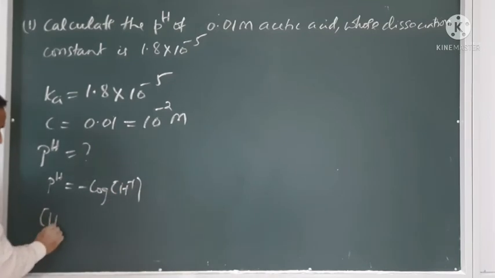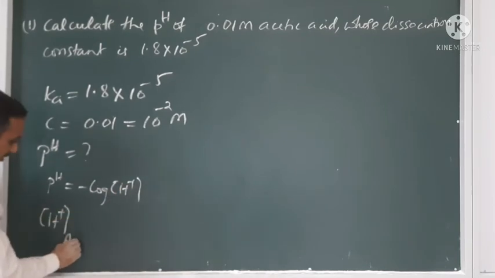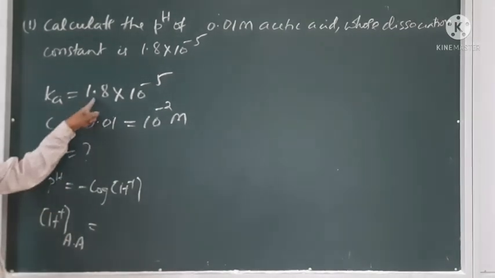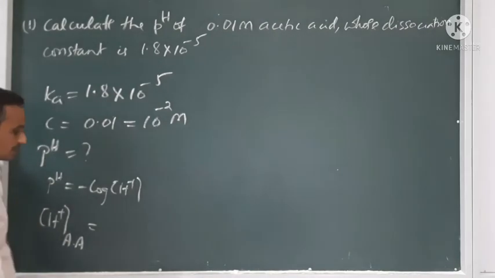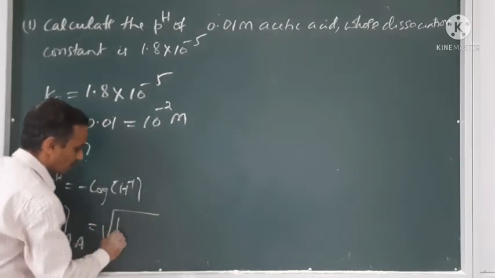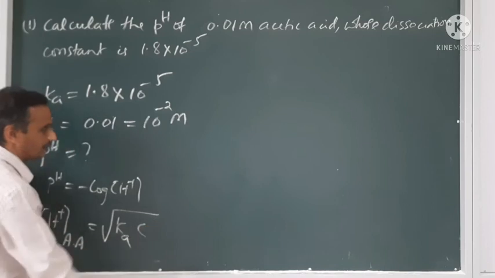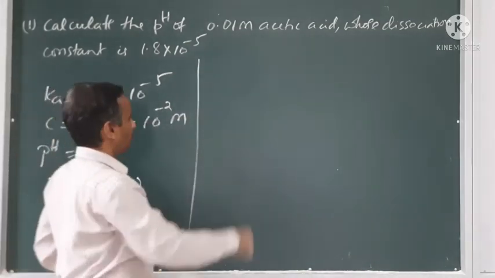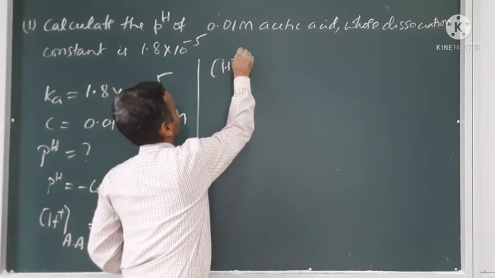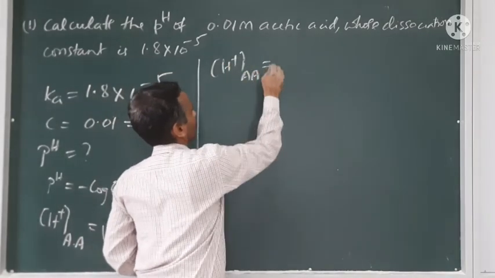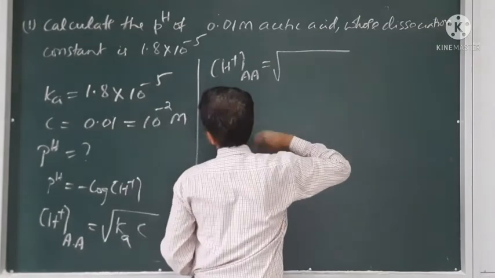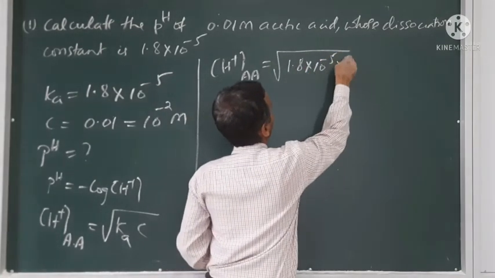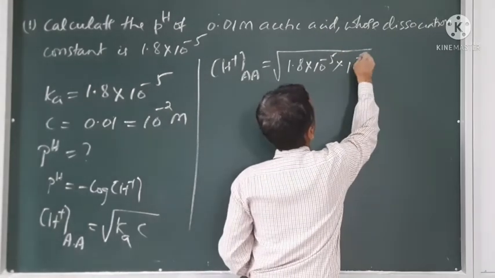So I have to get the H plus ion concentration of acetic acid. K is known, C is known, so H plus is equal to the square root of Ka into C, the previous last formula. So the H plus ion concentration of acetic acid is equal to the square root of 1.8 into 10 to the power minus 5 into C, which is 10 to the power minus 2.